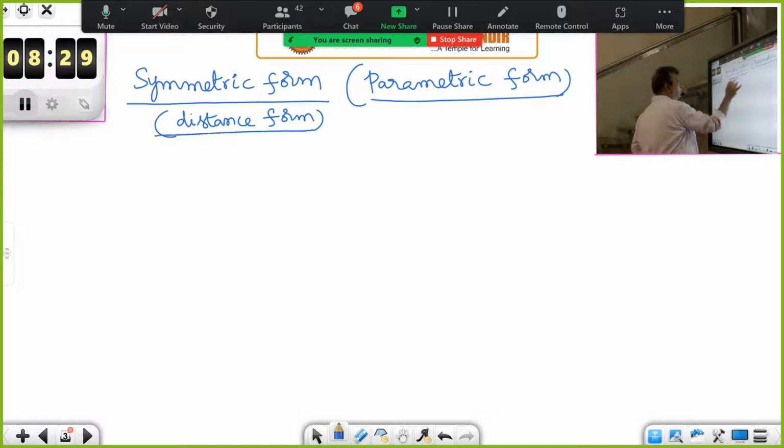They are just related only, just a small difference, that's all. What is meant by symmetric form, parametric form, or distance form?